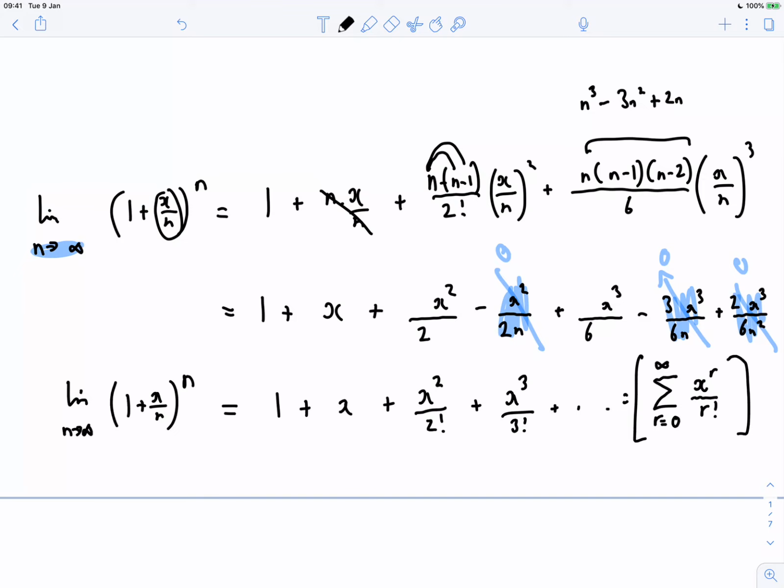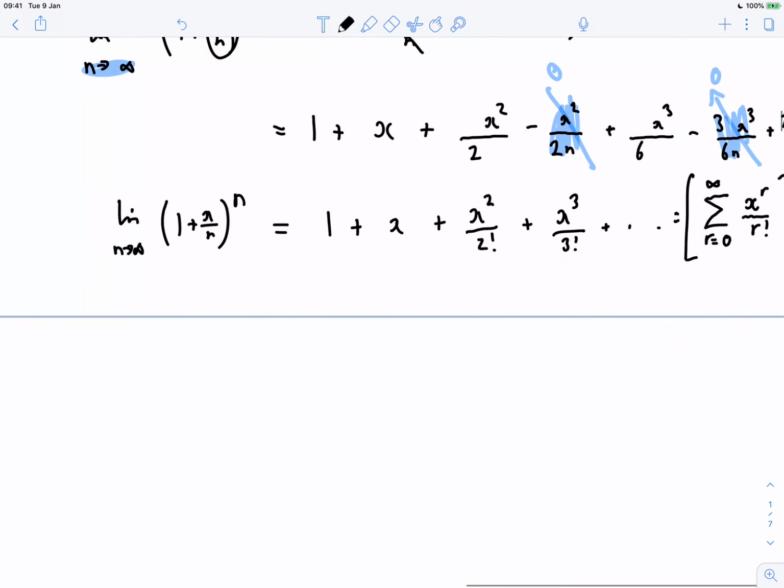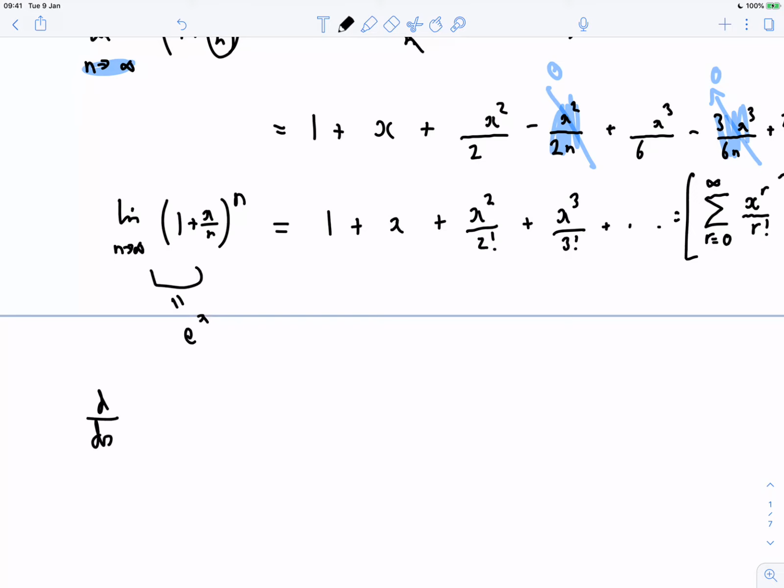Okay, so how do I know that this, well, if this does truly equal e to the x, then if I differentiate this, it should be the same thing. So if I differentiate the left-hand side, then I have the derivative with respect to x of the limit as n tends to infinity of (1 plus x over n) to the n. And on the right-hand side, what happens?